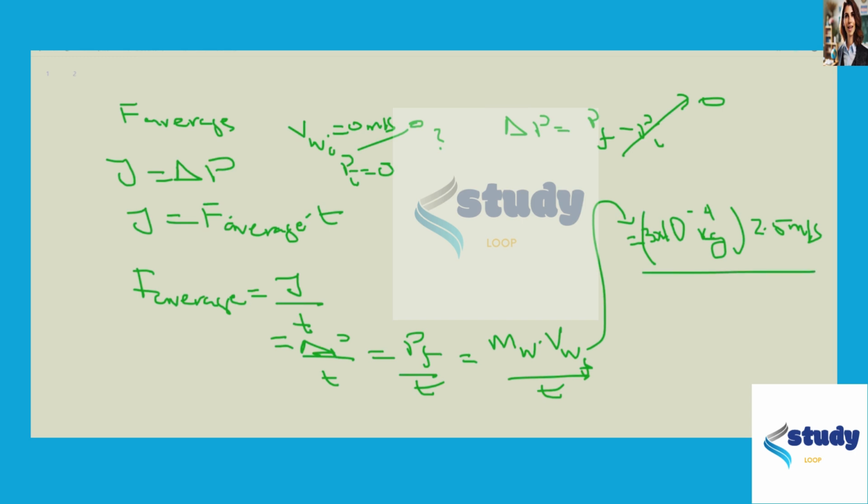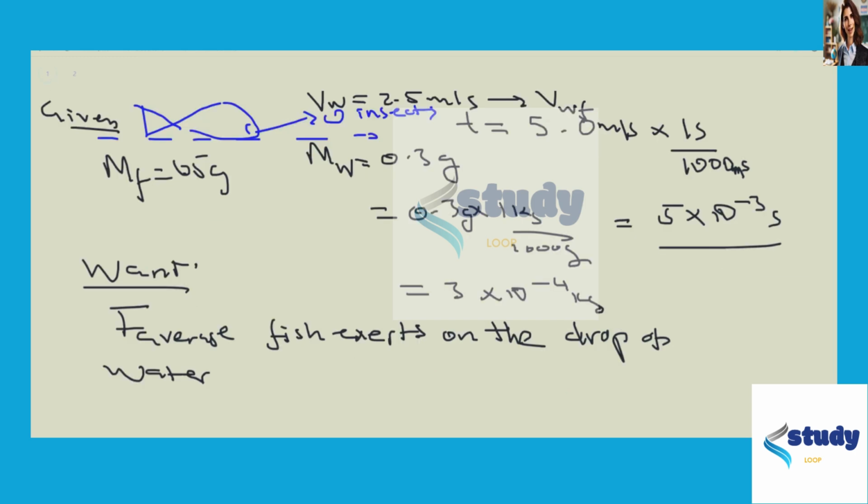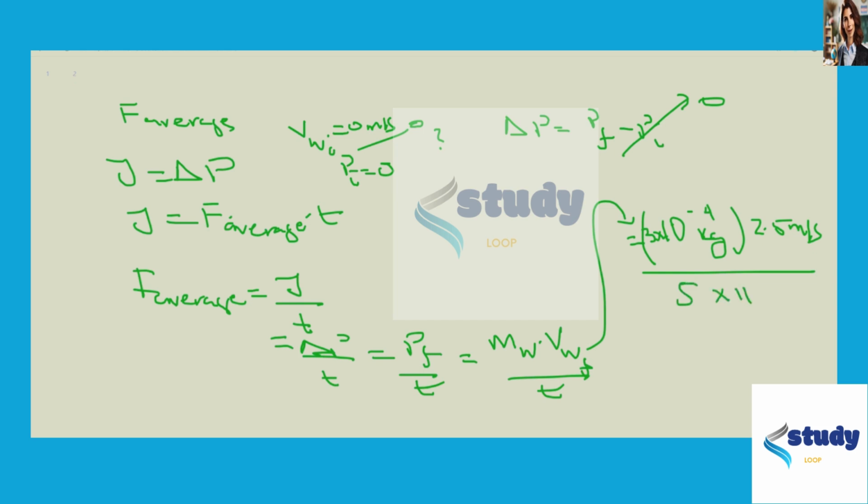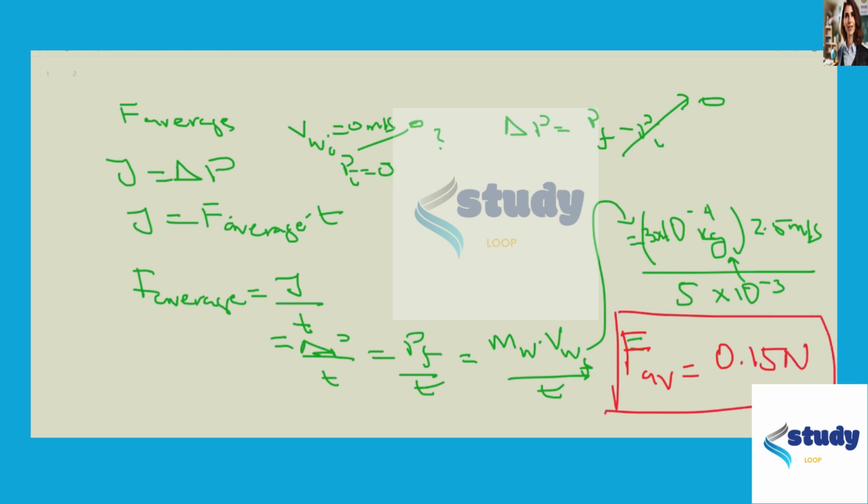Then we divide that by the time itself, which we converted from milliseconds to seconds, which is 5 times 10 to the negative 3. There's some algebra going on here. You can bring the 10 up and simplify it. It just depends on the process you're using, but we see that the average force, F average, simplifies to 0.15 newtons. That's the average force.